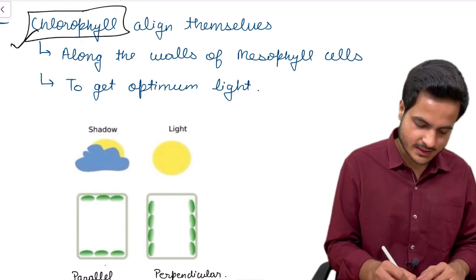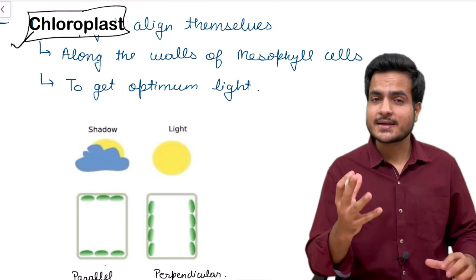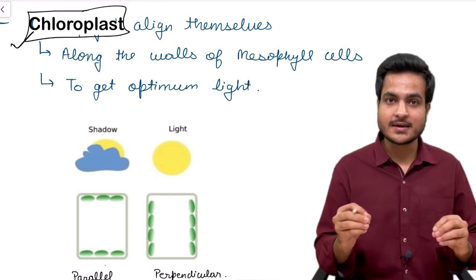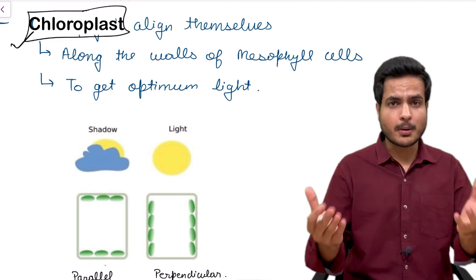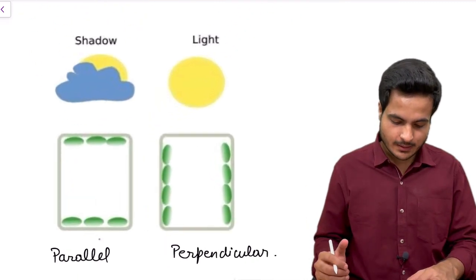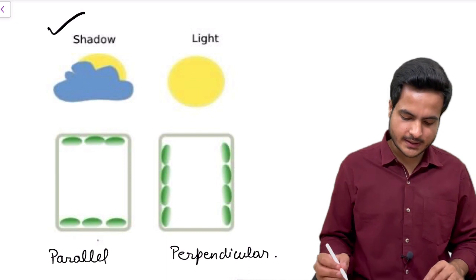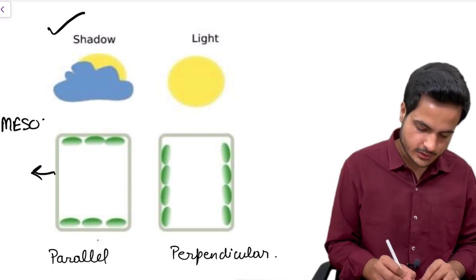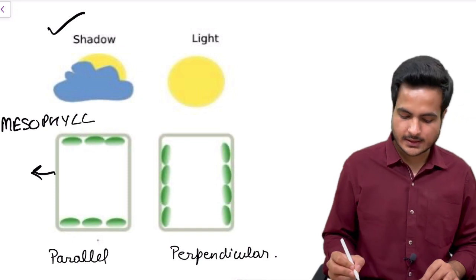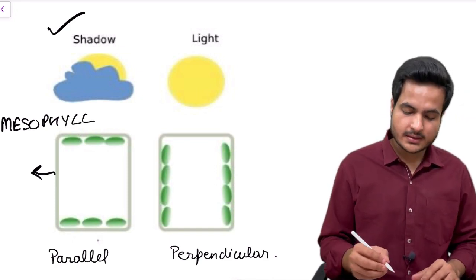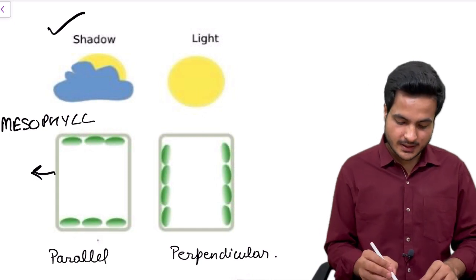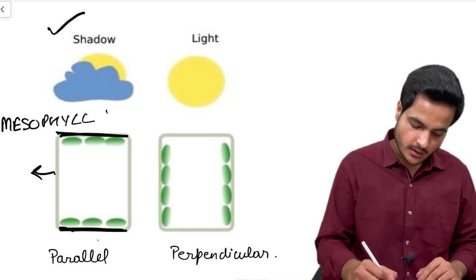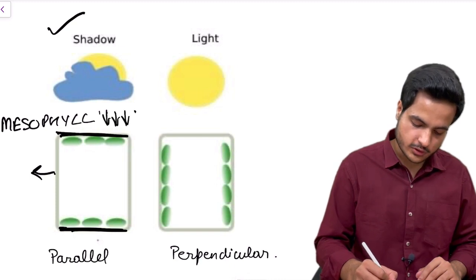This is chloroplast actually. Chloroplast is an intelligent organelle. It will rearrange itself inside a mesophyll cell depending upon the amount of light falling on it. For example, if it is shadow outside, and this is actually the mesophyll cell, the chloroplast would arrange parallel to the walls of the mesophyll cells so that more sunlight falls over it.